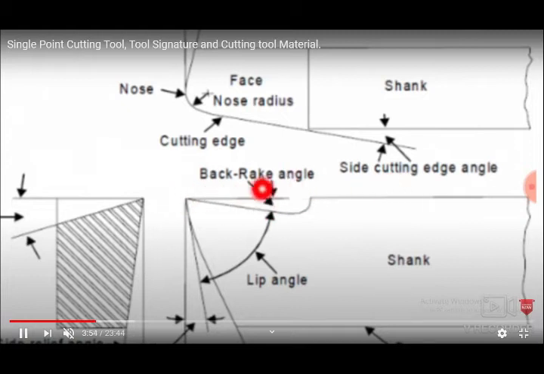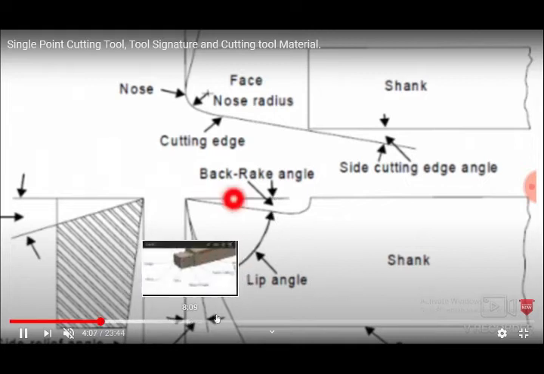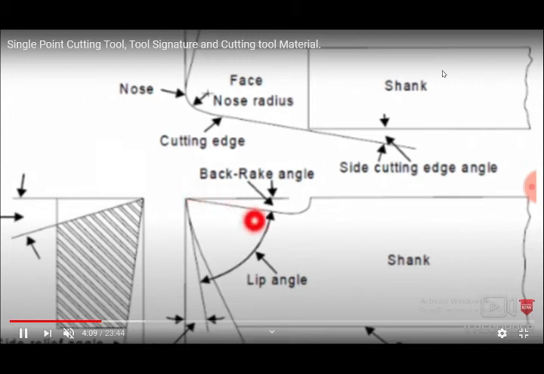This part is the back rake angle. Clearly understand and remember: in the front view the top face has the back rake angle, and from here to here this angle is called the lip angle. Sides, shank.